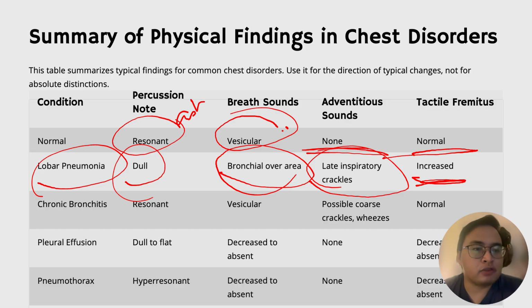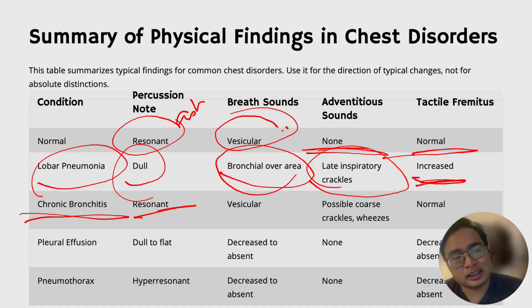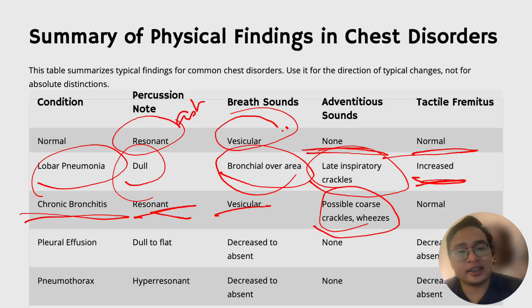Okay, next, if you have chronic bronchitis, the sound is going to be resonant because there's no consolidation unlike lobar pneumonia. The breath sounds are still going to be vesicular, but you're going to hear adventitious sounds such as coarse crackles or wheezes.